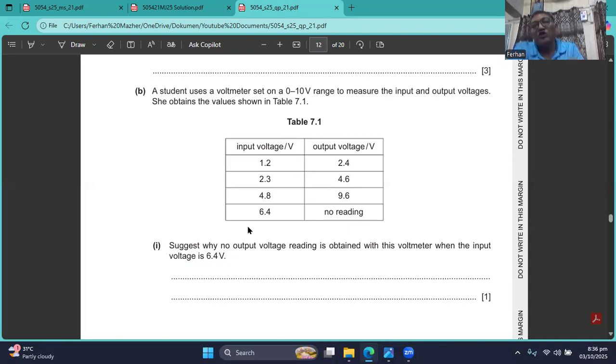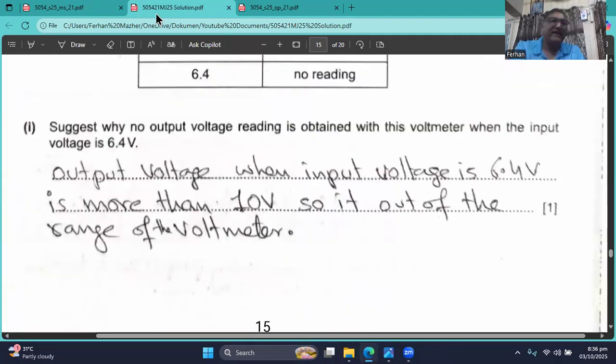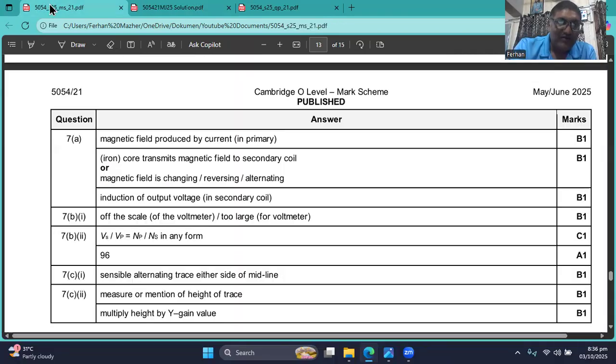When the input voltage is 6.4, the output voltage will be 12.8 volt, which is out of the range of this voltmeter. That's why the voltmeter shows no reading. Output voltage when the input voltage is 6.4 volt is more than 10 volts, so it's out of the range of the voltmeter. I hope you understand.